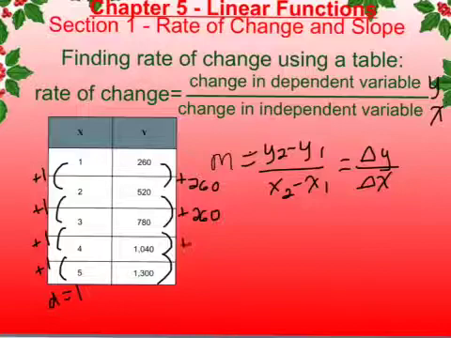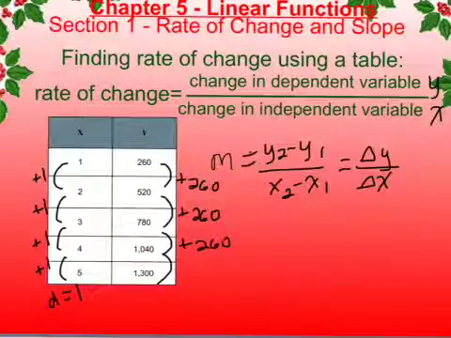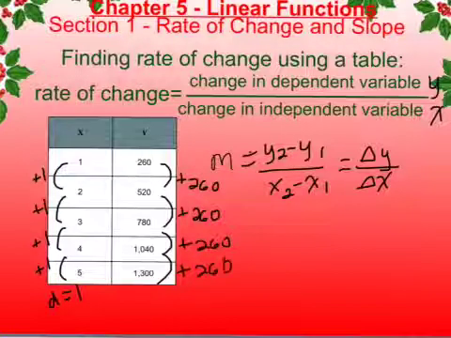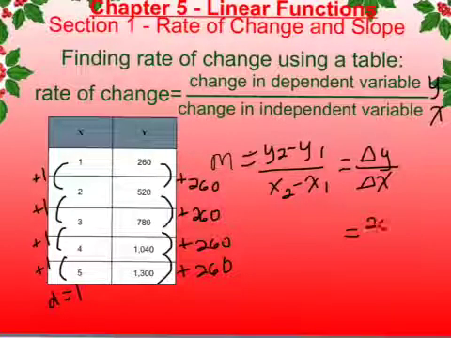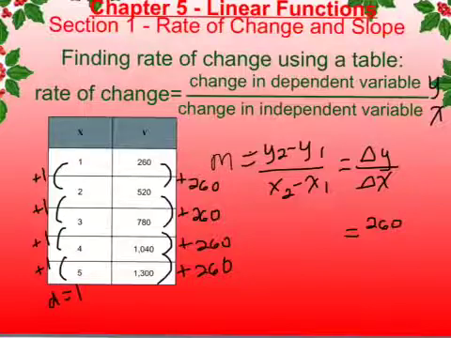The difference between them would be 260. And same thing, 1040 to 1300, you're adding 260. So we can see that the change in y is 260, positive, and the change in x is 1.